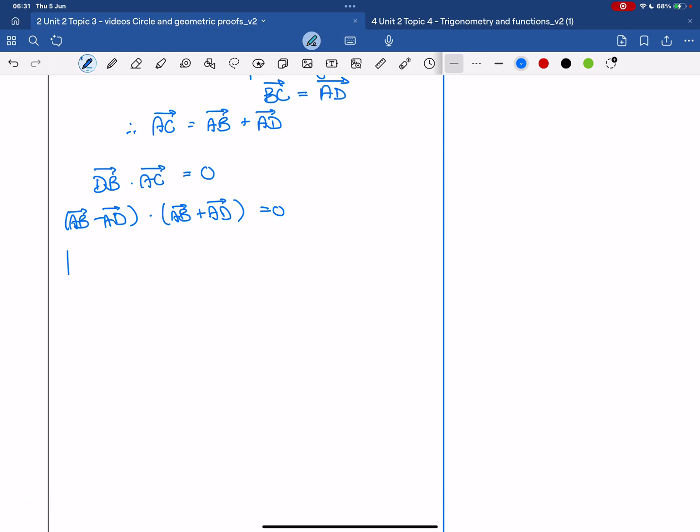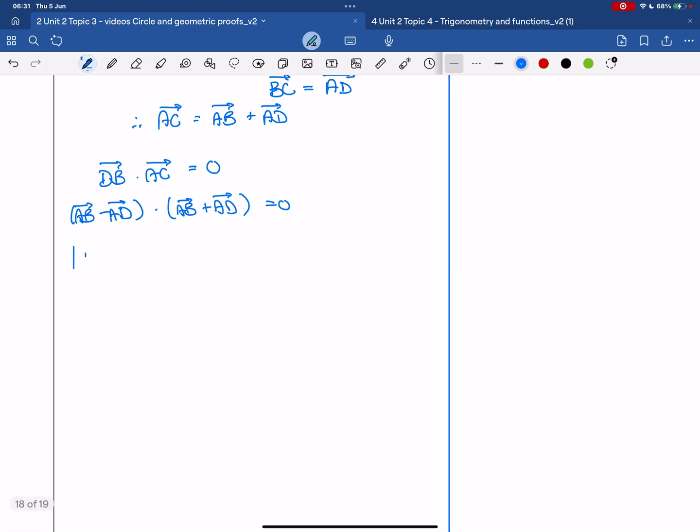So I'm going to have, remember that AB times AB becomes the magnitude of AB squared. Then I have plus AB dotted with AD, minus AD dotted with AB, and then I have minus the magnitude of AD squared, and that has to equal 0.